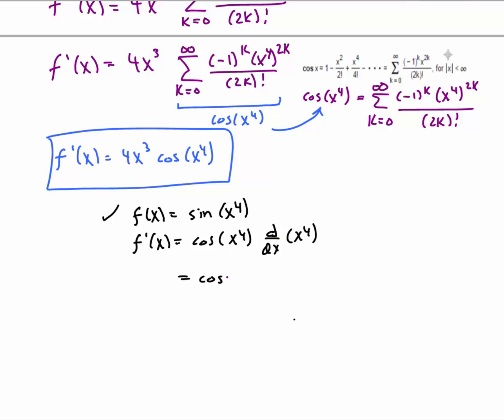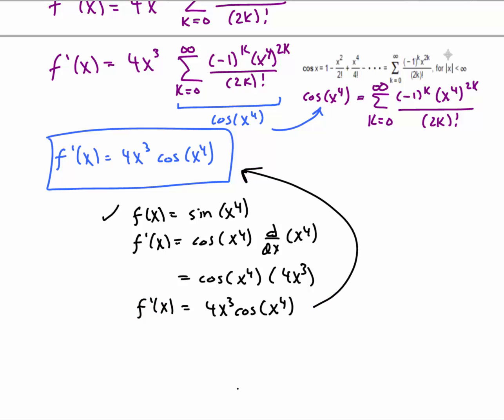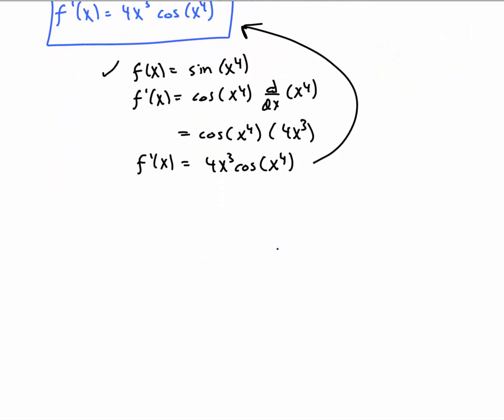So this is cosine x to the fourth times 4x cubed, and then I pull that 4x cubed out front, so 4x cubed cosine x to the fourth. Perfect. So this is my derivative, and you can see here that it checks. So that's the process of using Taylor series to help us find derivatives.